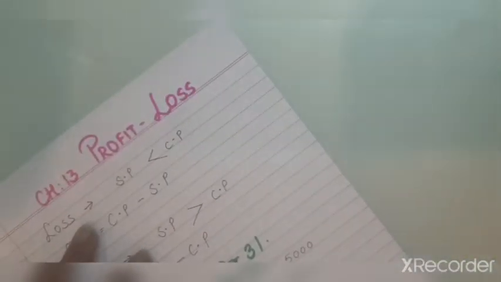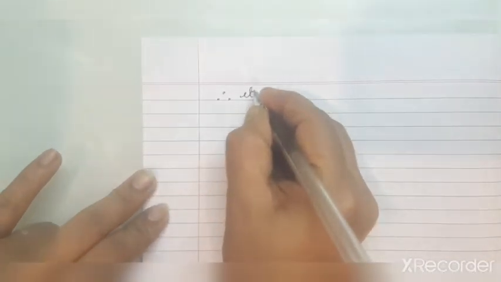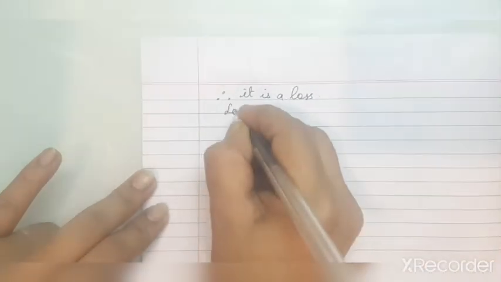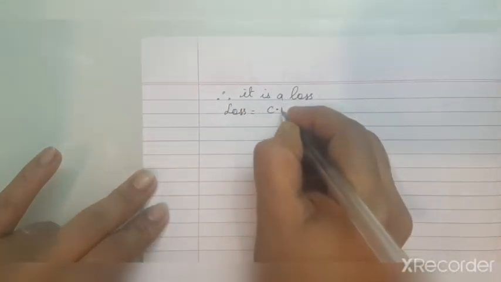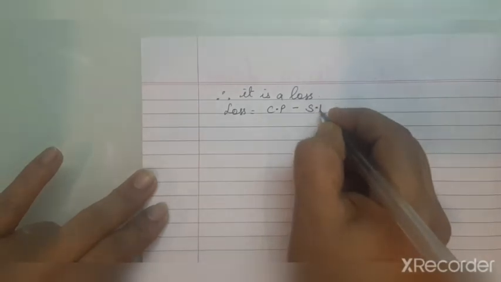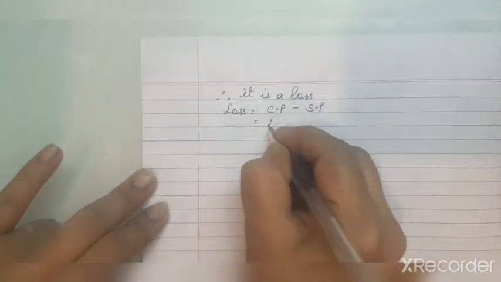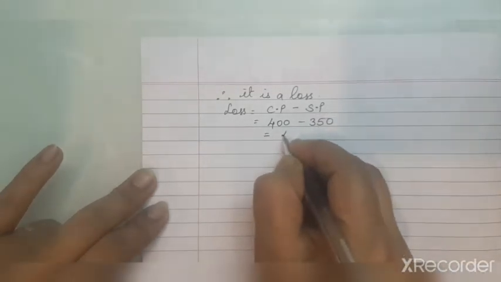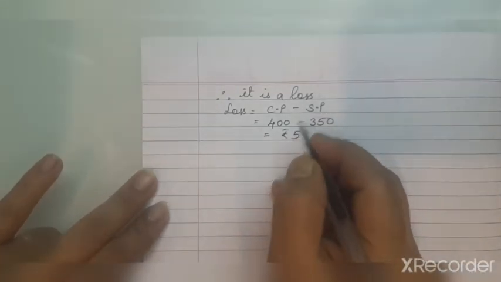So we'll write, therefore it is a loss. And how much? Loss is equal to cost price minus selling price, which is equal to 400 minus 350, which is equal to rupees 50.